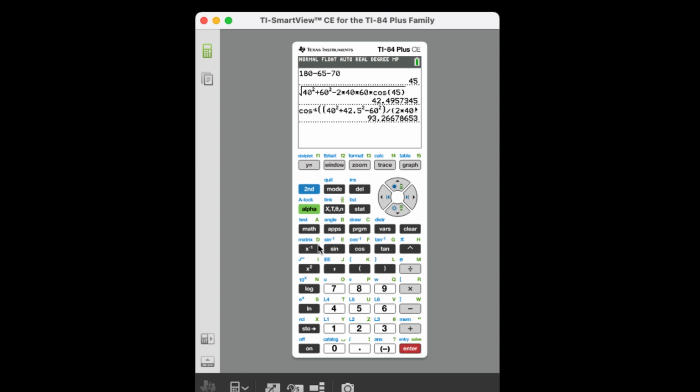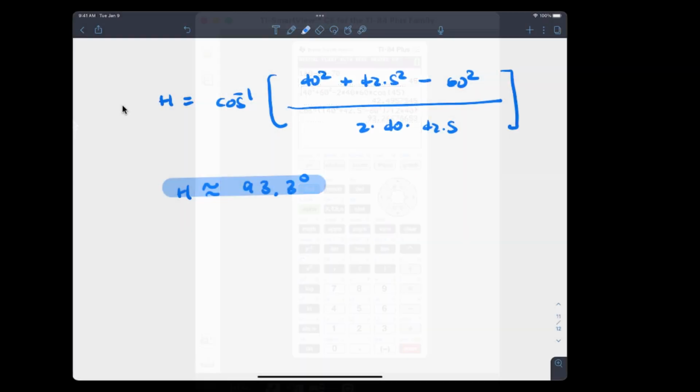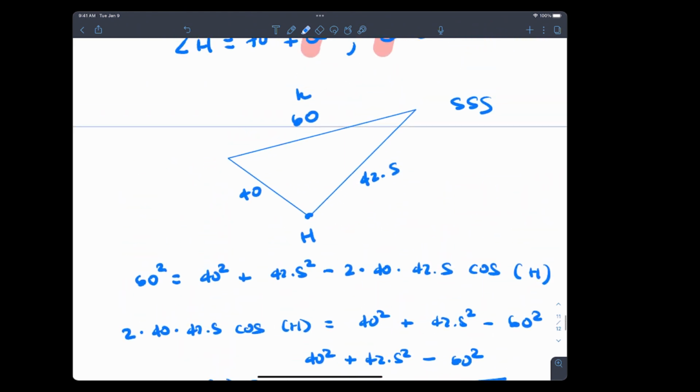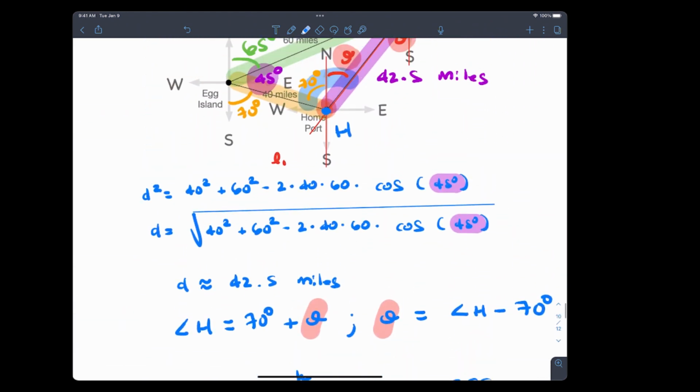And we ended up with approximately 93.3 degrees. So that angle H is 93.3 degrees.